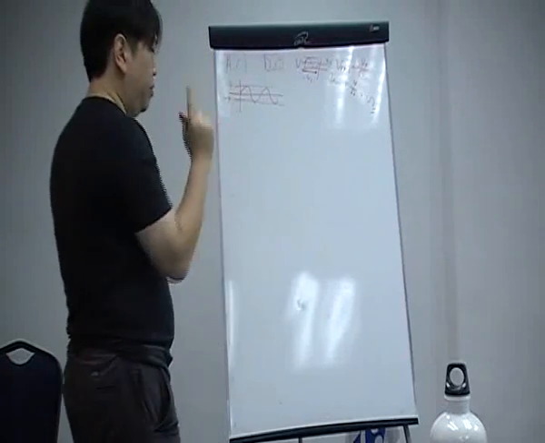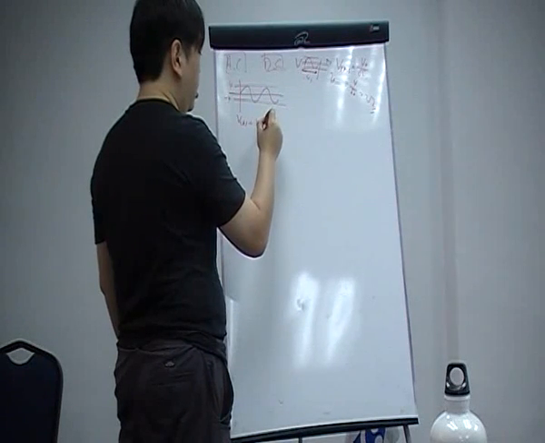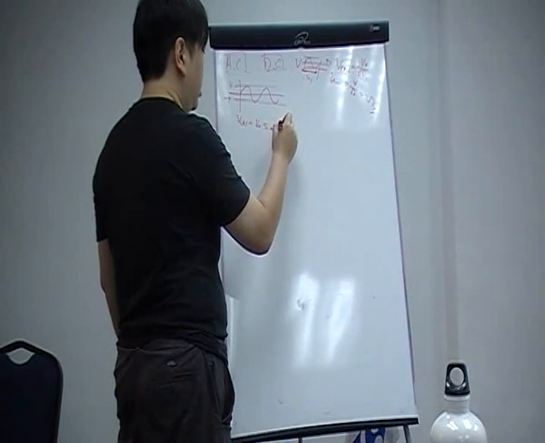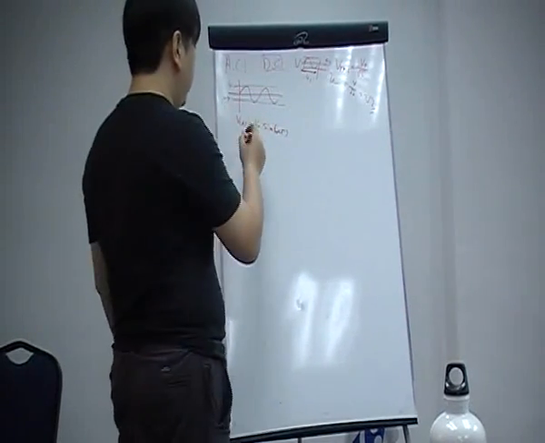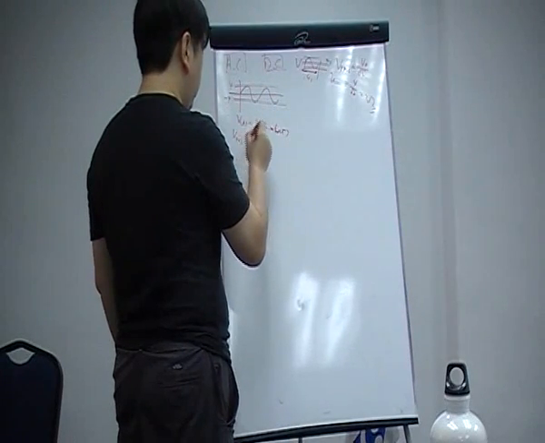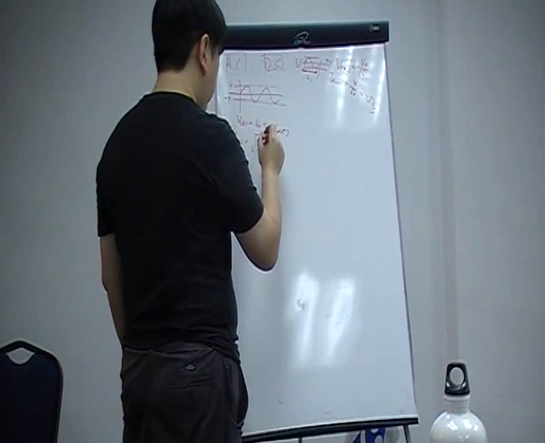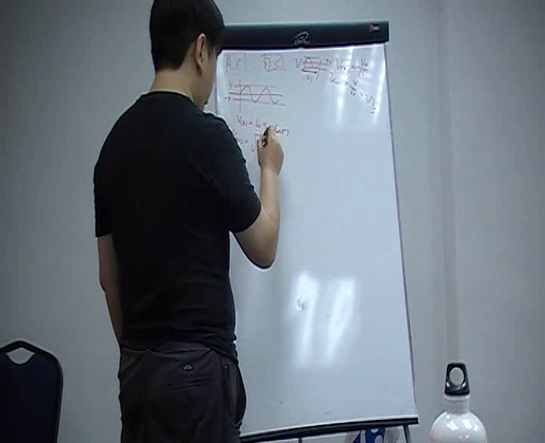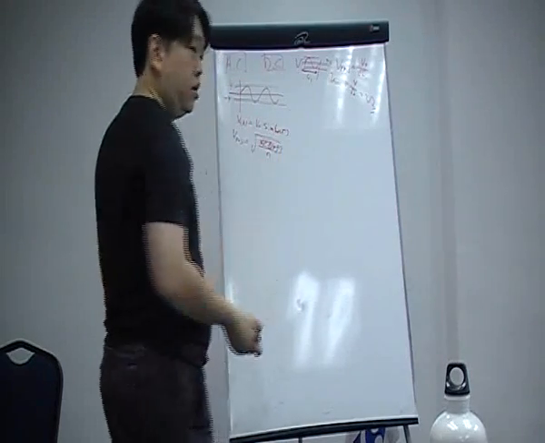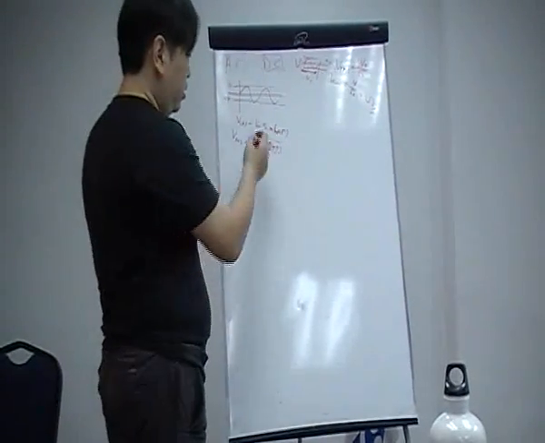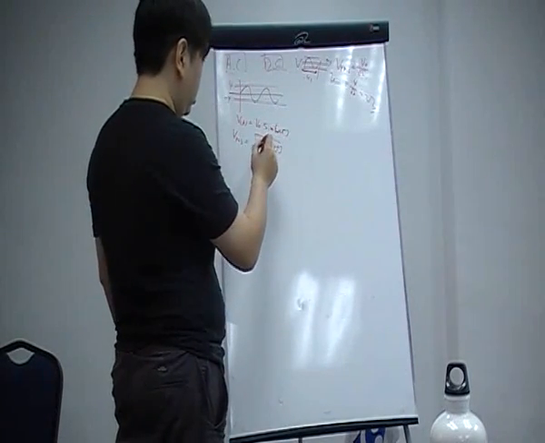Anyway, how do we come up with this formula? V is modeled as V naught sine omega t. The idea is that you want a root mean square, which means you want the square root of 1 over n times the sum of v(t) squared. So how do we get this?